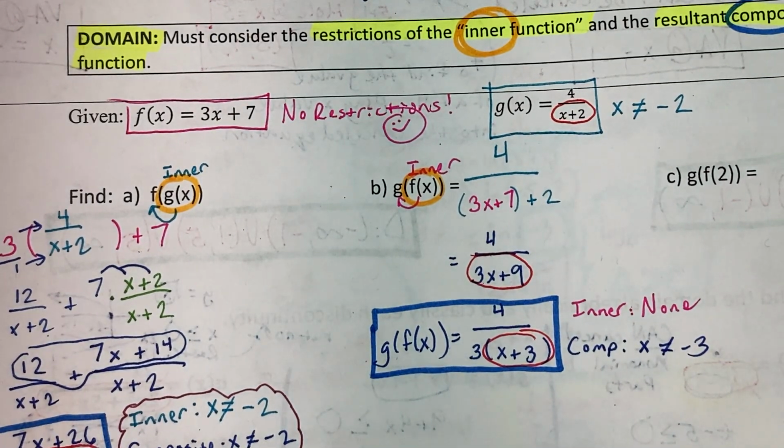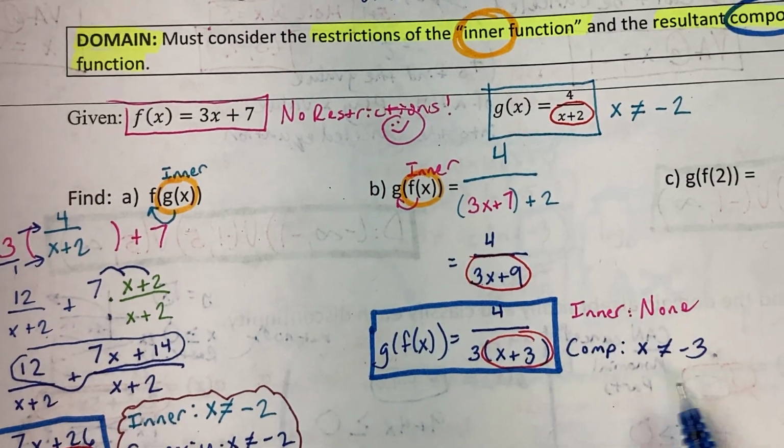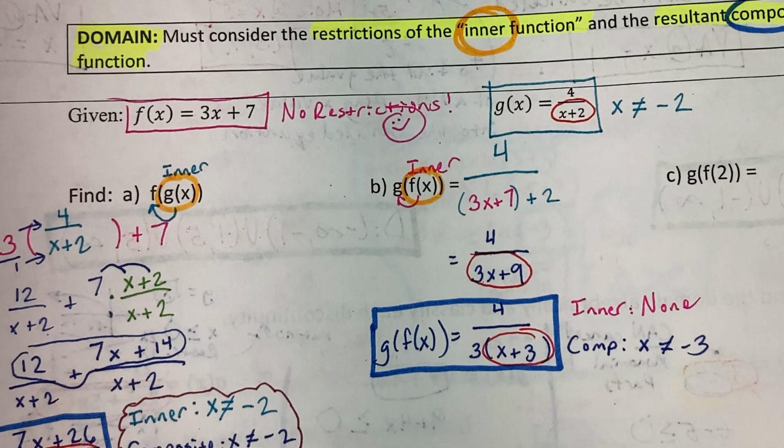This is kind of interesting because there were no restrictions on my f function, and the restriction that I get from my composite is different from my g function. By streamlining these two functions together, and again, I can't think of a great example of when this would happen, like using a freezer or a microwave, we actually create a new restriction based on how my numbers simplified.